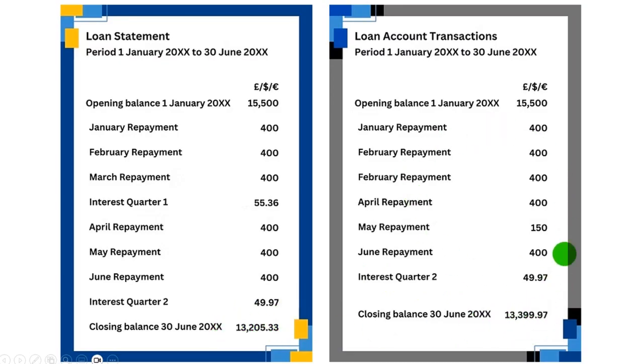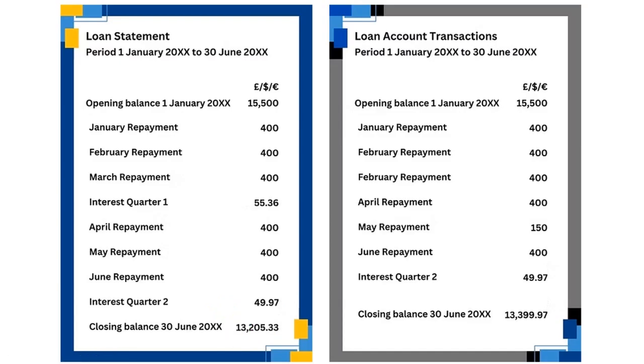Because there are missing transactions and duplicate transactions and transactions with the wrong amount, the closing balance on the accounts is not going to match the loan statement closing balance. But if we were to replicate the statement, so remove this February repayment, add the March repayment, correct this May repayment amount, add the interest quarter 1, 55.36, and any other discrepancies, then the closing balance here on the accounts should match, there's that word again, match the closing balance on the loan statement.